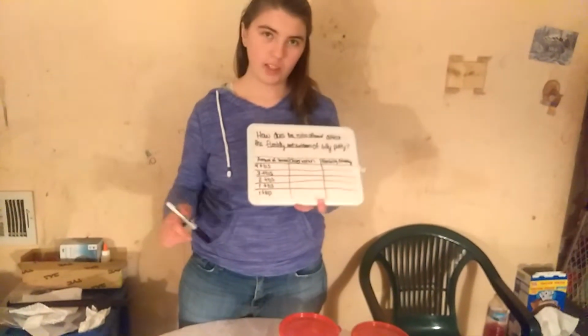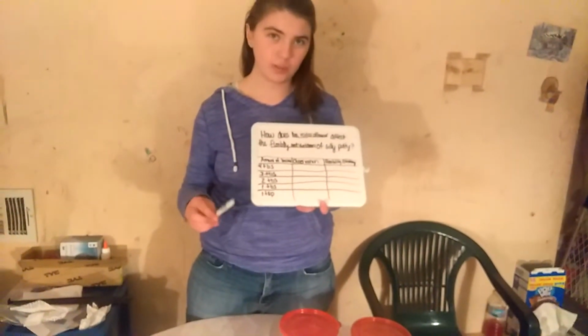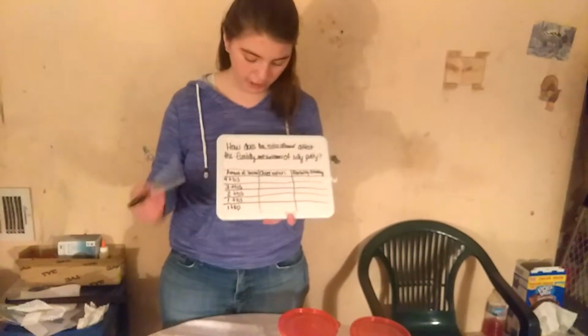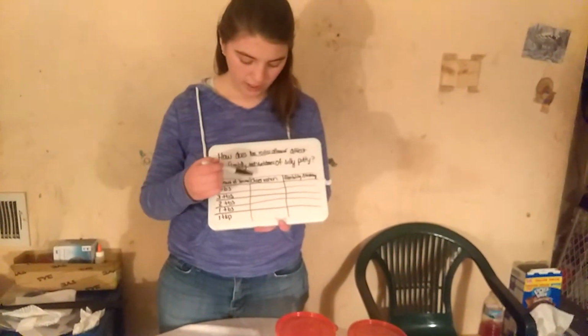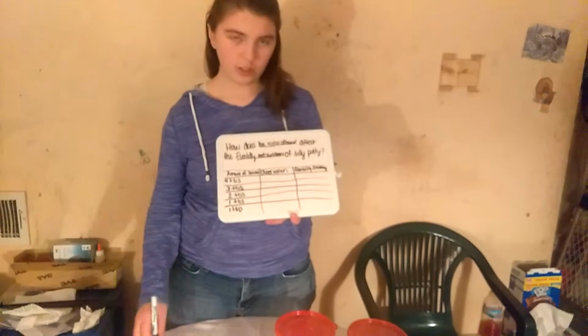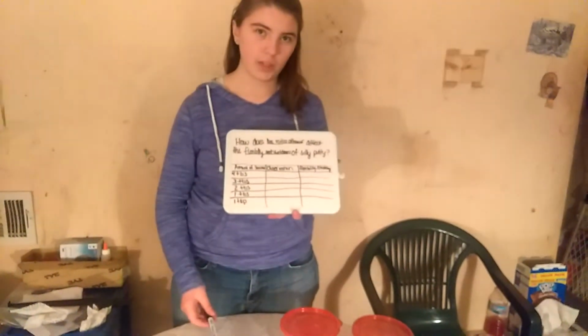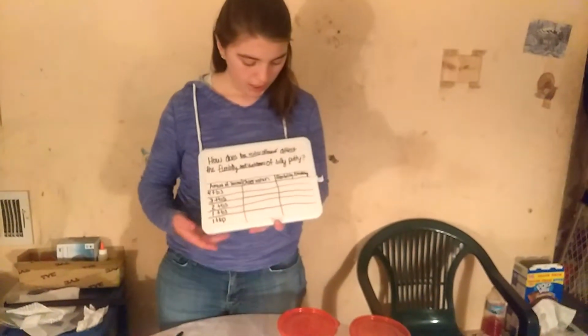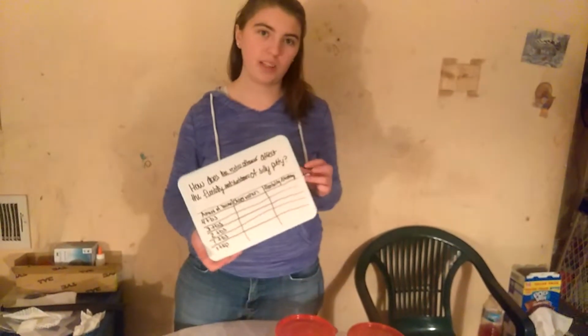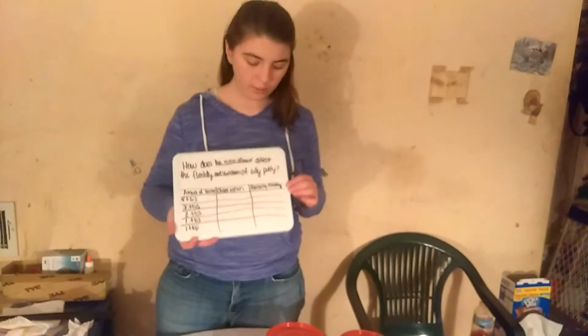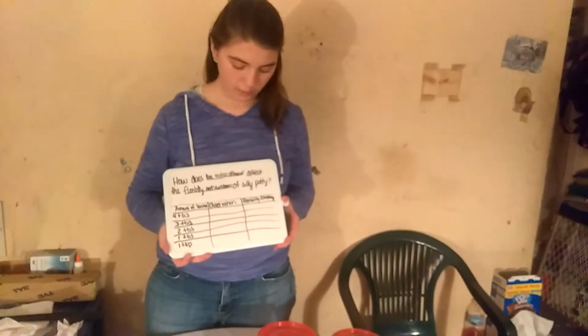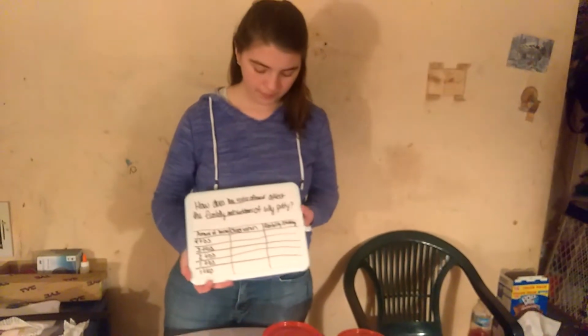And for the whole thing, we're going to use 2 tablespoons of glue in the mixture. The next column will be your observations, so what you observe while we are creating the Silly Putty. And the last column will be the flexibility or stretchiness. As soon as the Silly Putty is set and is clumped together, we're going to observe the flexibility of it.